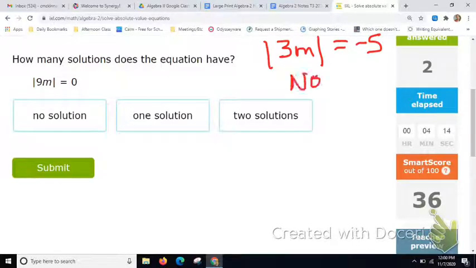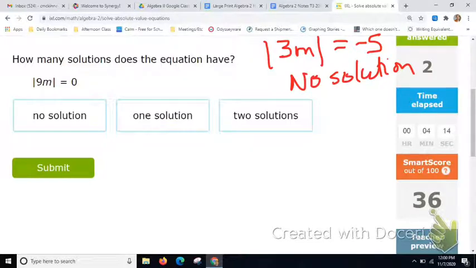This is automatically a no solution, because absolute value can't be a negative number.